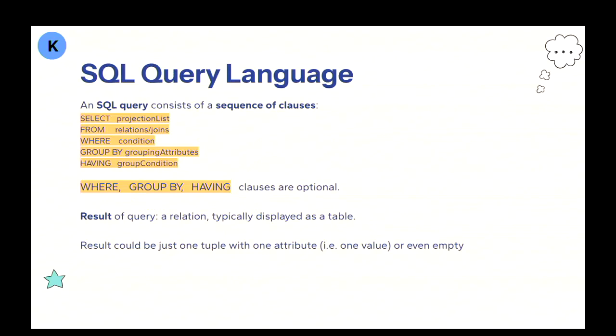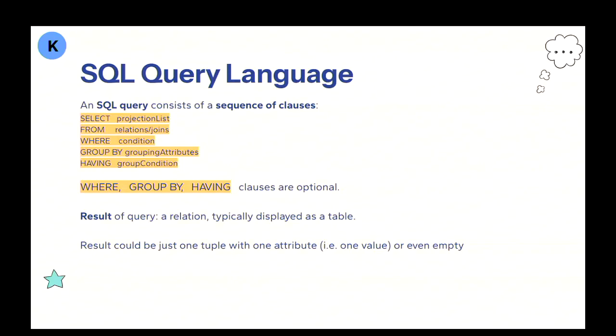So the SQL query language consists of a sequence of clauses. The first one is select. Select is followed by a list of attributes, or projections of attributes. From is followed by a list of tables.